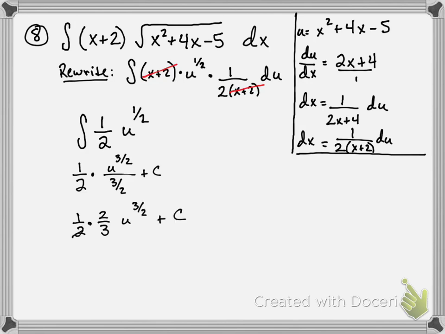Okay, so I have some stuff that cancels. The 2's cancel each other out. So that's 1 over 3 u to the 3/2 plus c.